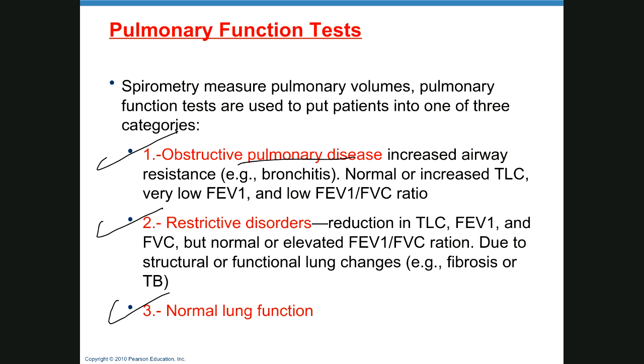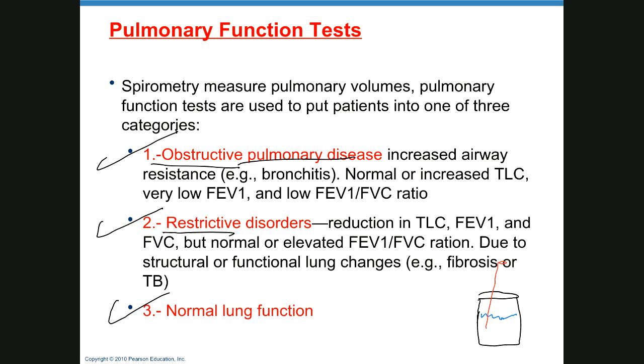And the best way I found to explain the difference between obstructive and restrictive, I saw it once on YouTube. You imagine a glass of water and a straw. And in an obstructive disease, there's nothing wrong with the glass of water.